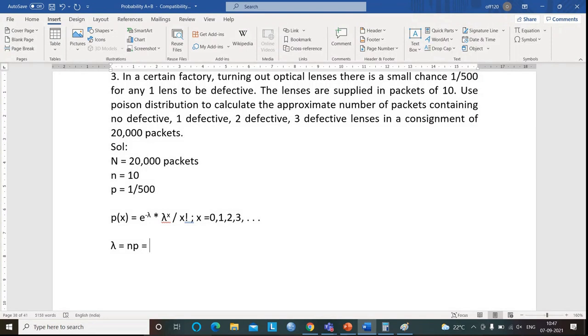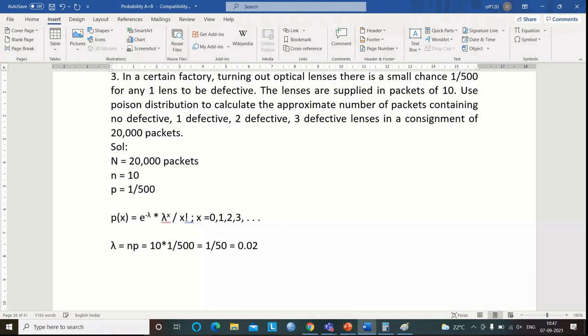Now NP is nothing but n is equal to 10 into 1 by 500. That is equal to, 0, 0 gets cancelled, then it will become 1 by 50. That is equal to, we get the answer as 0.02. So we got the answer of lambda.